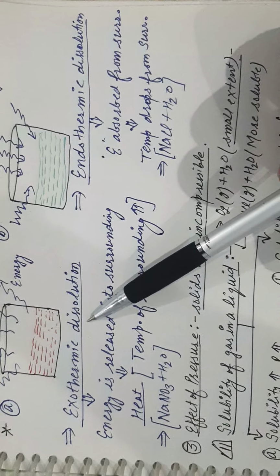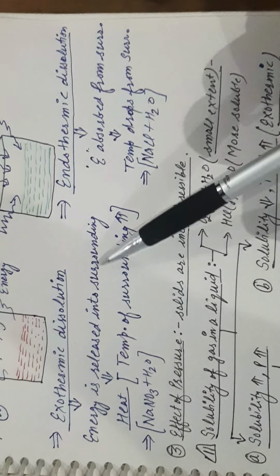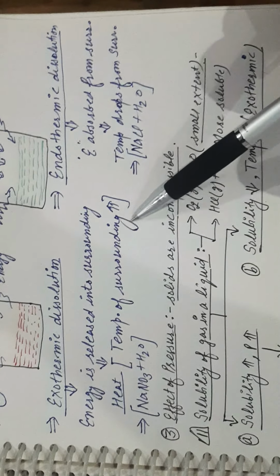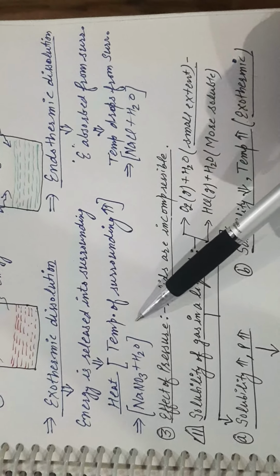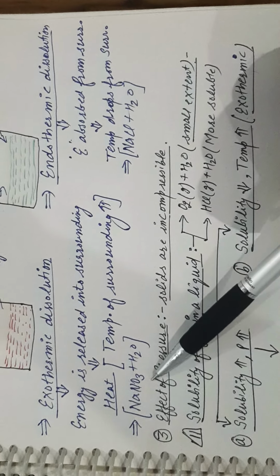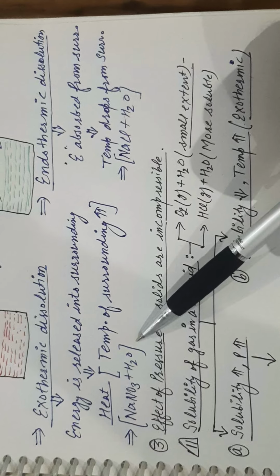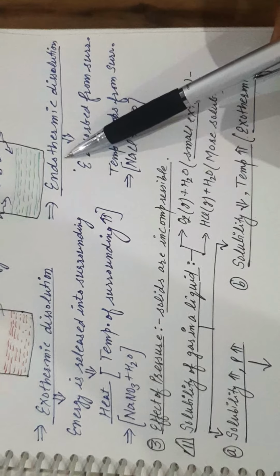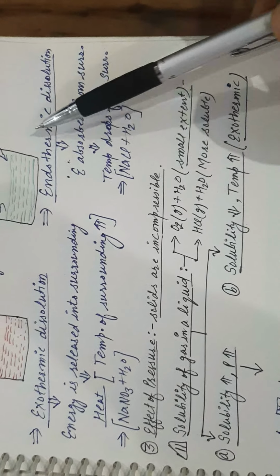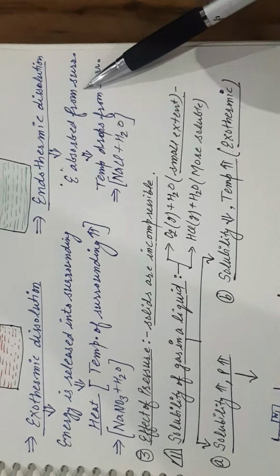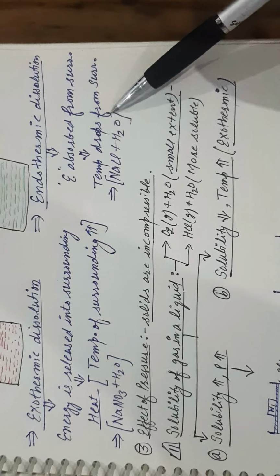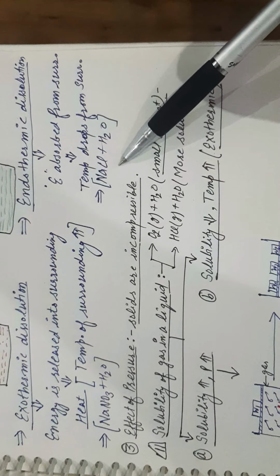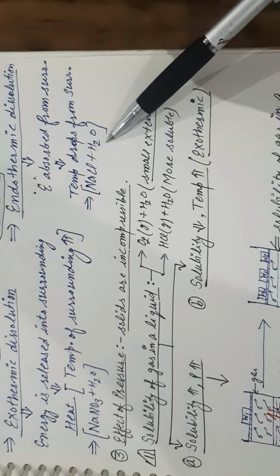This is the exothermic dissolution in which energy is released into the surrounding in the form of heat, and so the temperature of the surrounding increases. The very best example for this process is when sodium nitrate is dissolved in water. This dissolution process is exothermic. This is the case of endothermic dissolution in which energy is absorbed from the surrounding, so the temperature of the surrounding falls, and the example is common salt sodium chloride when dissolved in water.